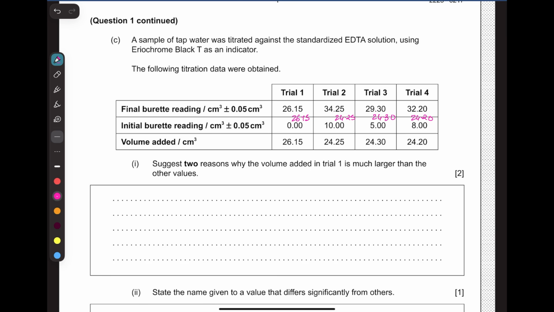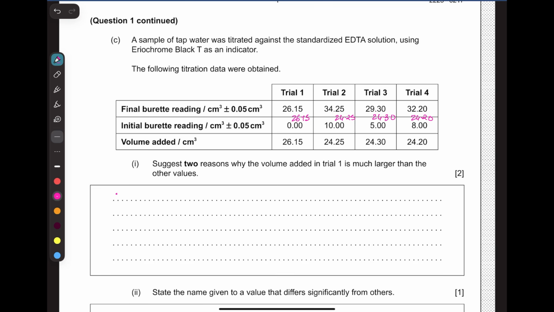Okay, so there can be two reasons, right? Whenever we are doing a titration, the first titration is done roughly. We let the burette run until we get the color change. We approximately get a value, right? And on the next trial, we do it slowly to get the exact volume, right?